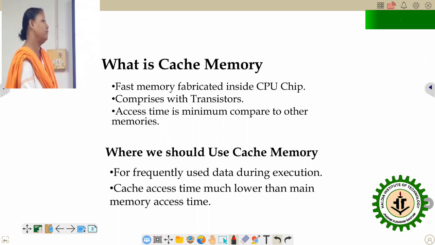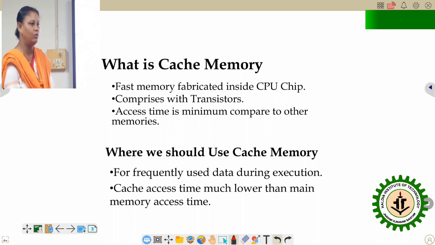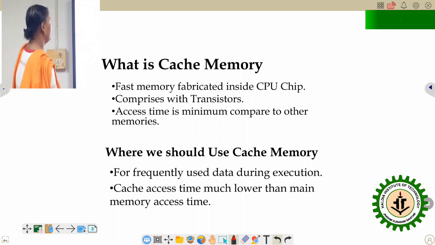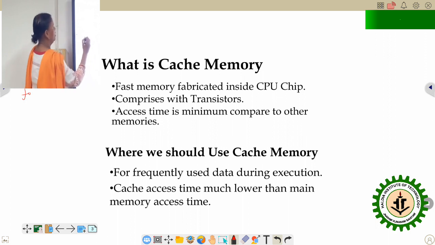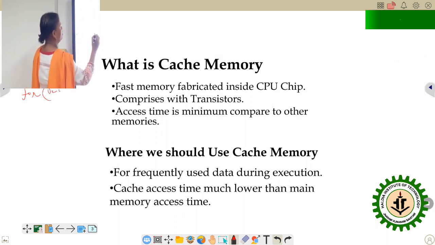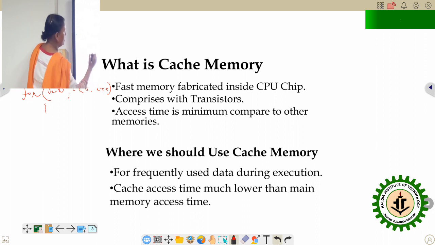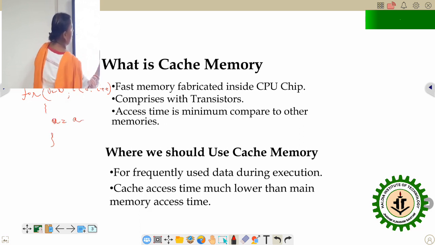If our target is to execute some program, the program consists of nothing but some variables and some loops. Consider the loop variable, which is frequently used. Suppose I write some code: i equals 0, i less than 5, i plus plus, and within this, a equals a plus i.